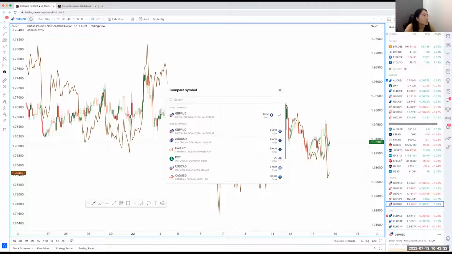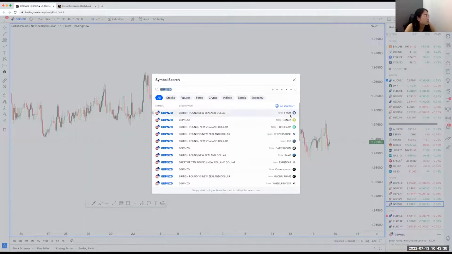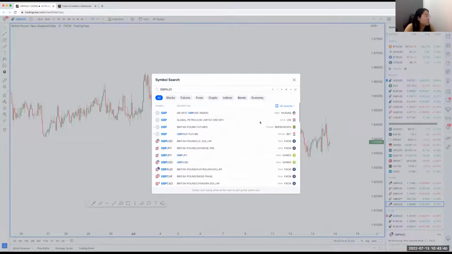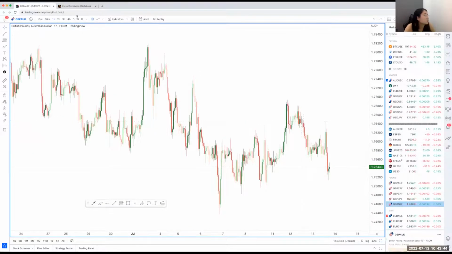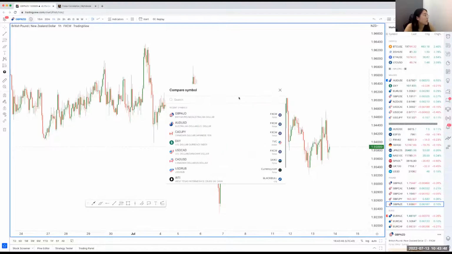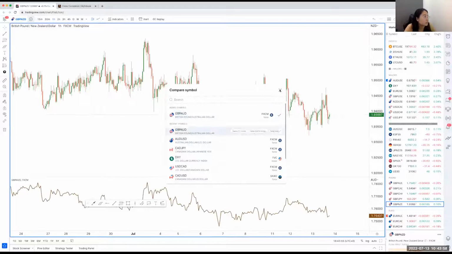This is not the one that I wanted. GBP AUD. Sorry, just give me a second. I'm trying to add in another chart. You put it as a new panel, and it will show below.